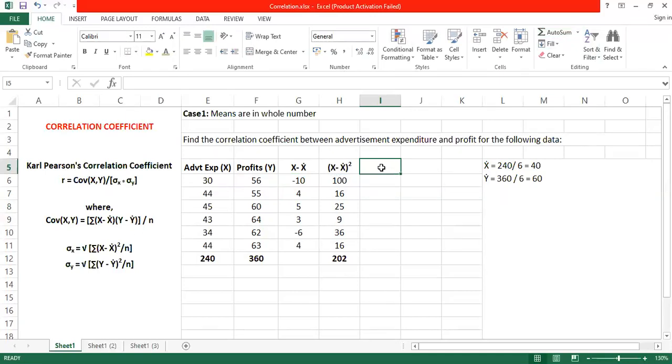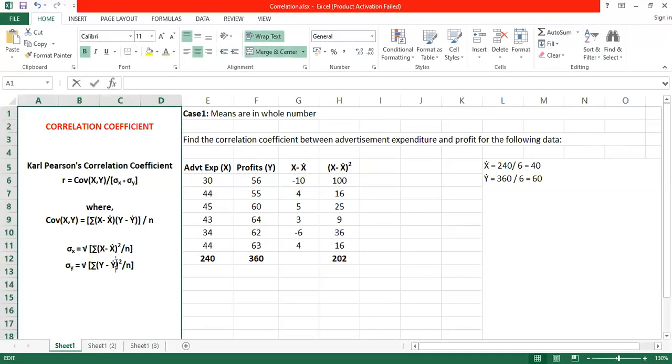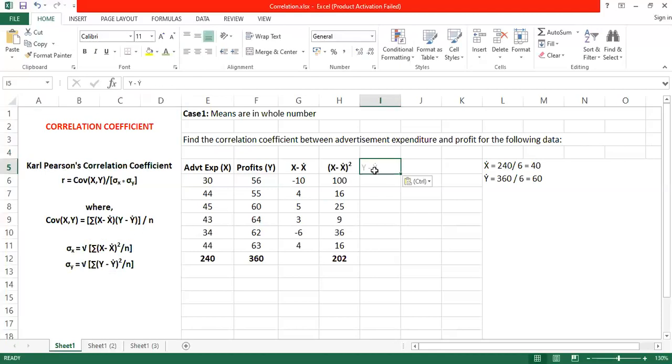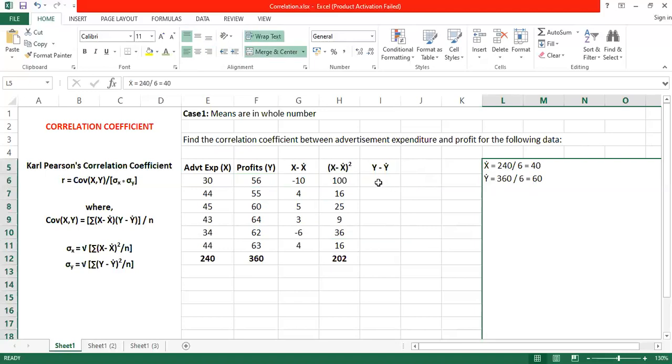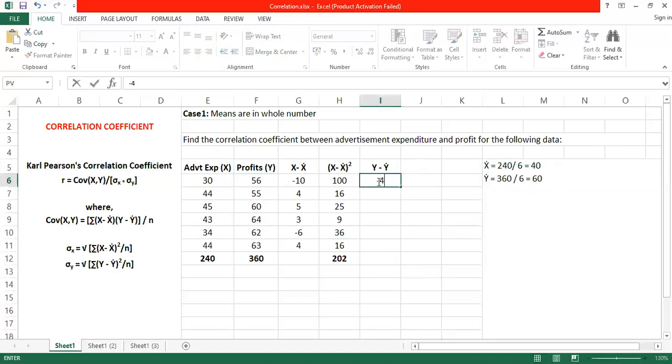The same activity we need to perform for y as well. So I'm calculating y minus y bar. Now see, this is y, right? So y is 56, whereas y bar is 60. So 56 minus 60 is minus 4. Next, y is 55 minus 60, so it is minus 5.